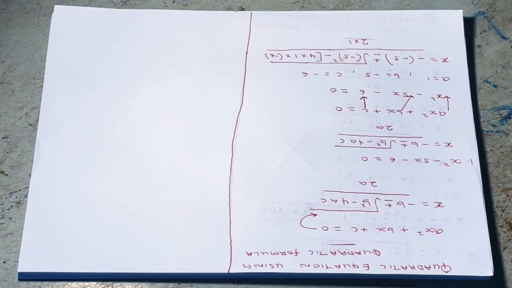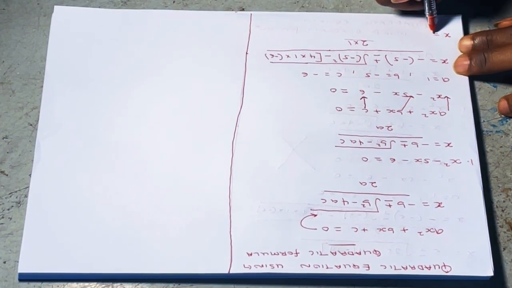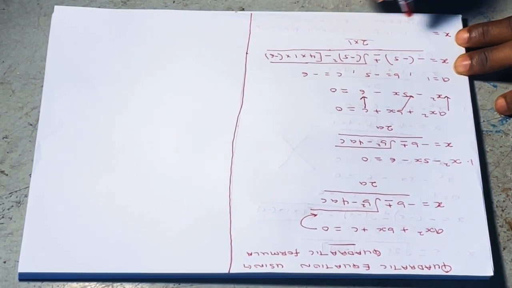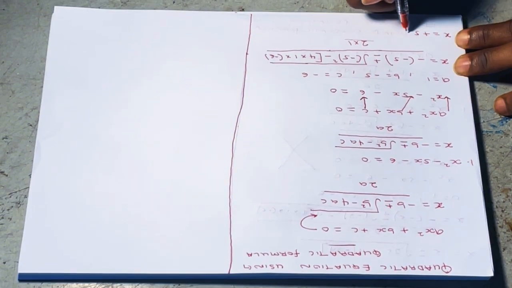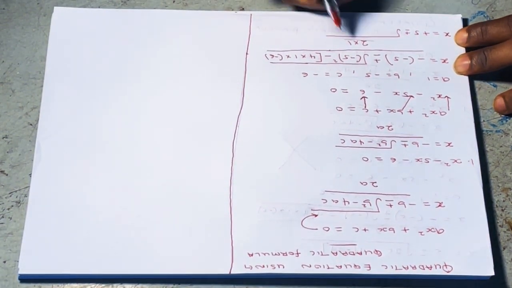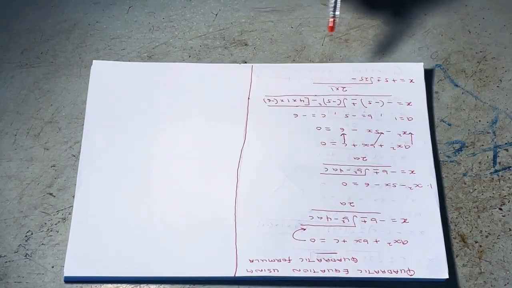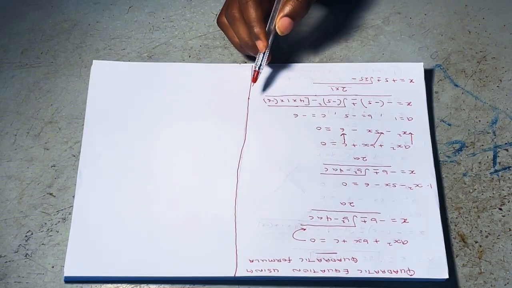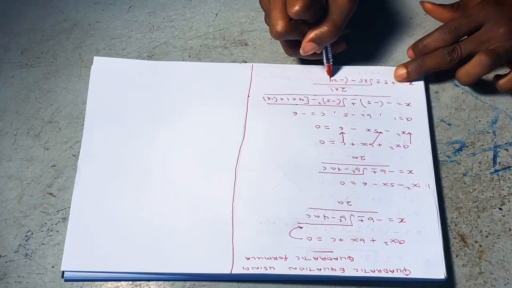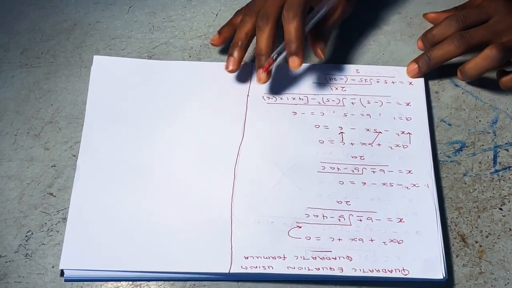Now if you have something like this, let's go on by simplifying. So x equals, bracket means times as usual, so minus times minus will give us plus, so you have plus 5 plus or minus the root, minus 5 square will give us 25, then minus 4 times 1 times minus 6 will give us into bracket minus 24, then all over 2 times 1, which gives us 2.